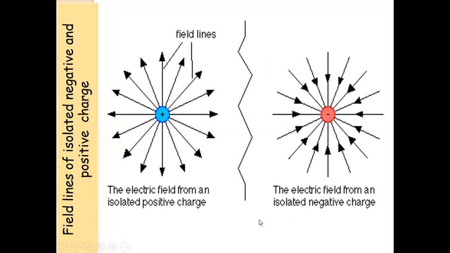Okay, now the field lines of isolated negative and positive charges. You can see that for the positive charge, the arrows are pointing outwards, that is the field is originating from the positive source, and for the negative they must be pointing inwards as the field is going into it or terminating there. So this is the electric field for an isolated positive charge, and this is for an isolated negative charge.